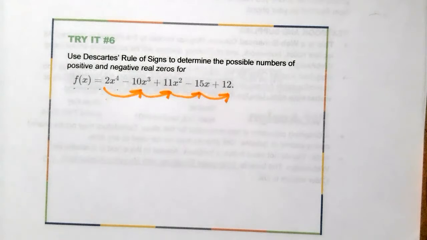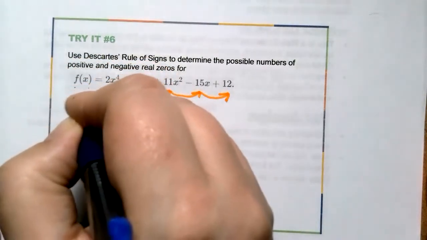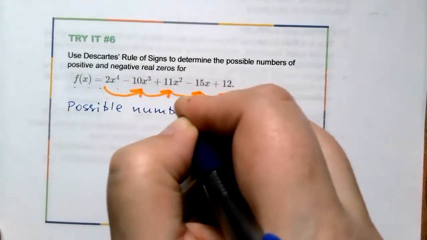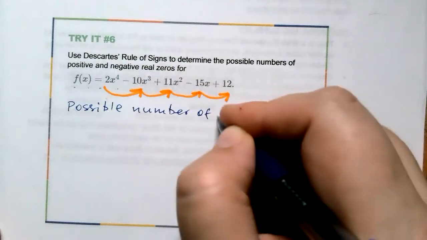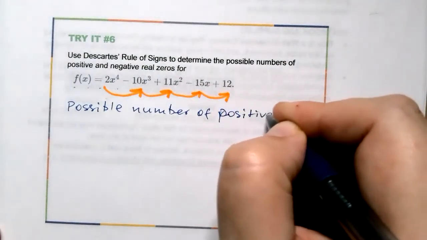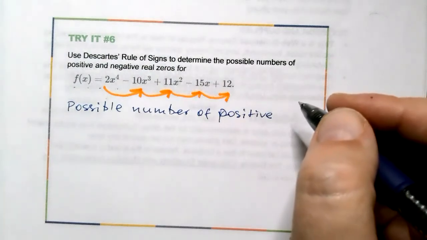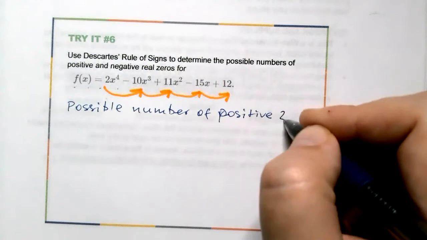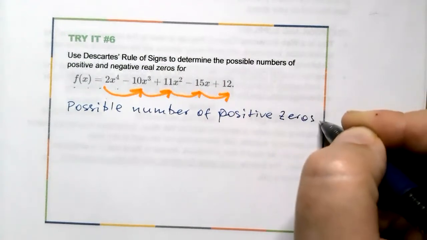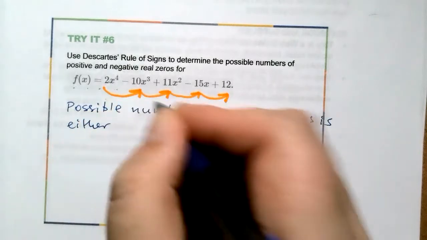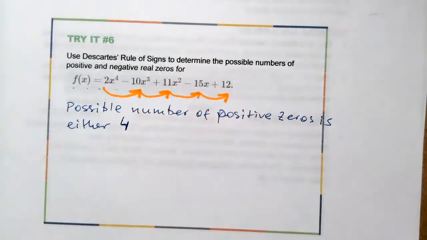So let's say that the possible number of positive real zeros is either 4, that's the max, right?